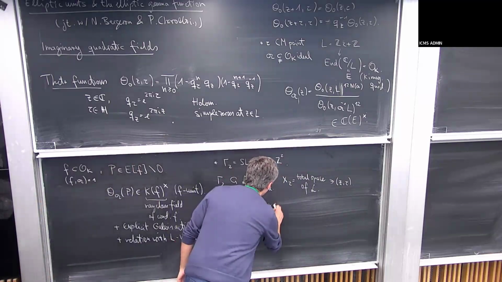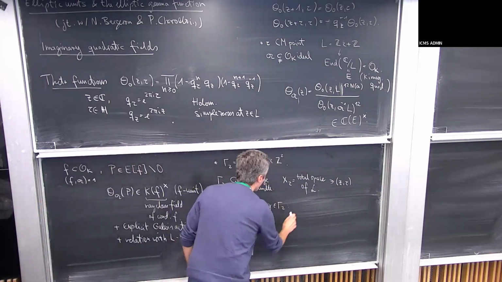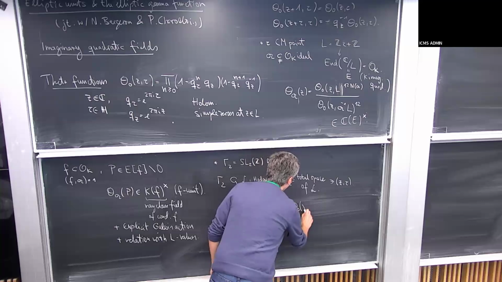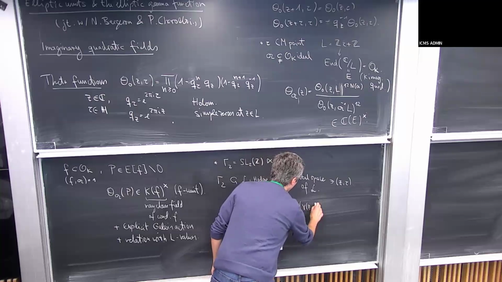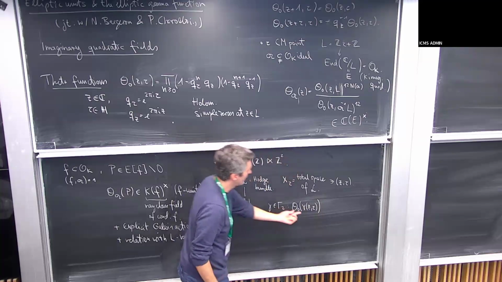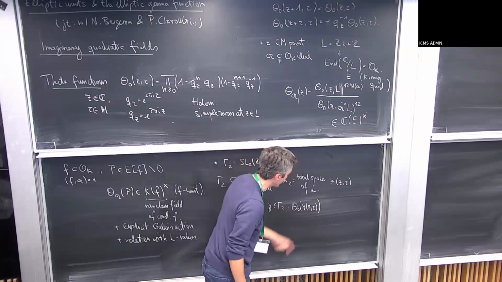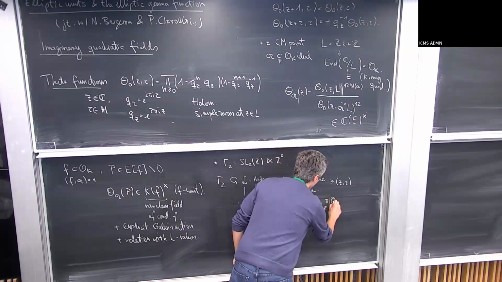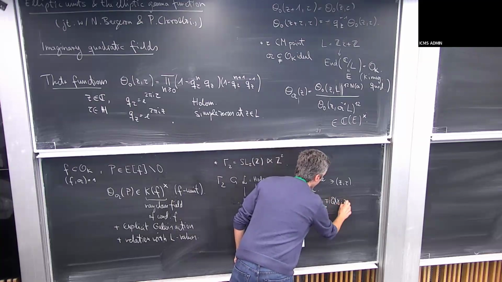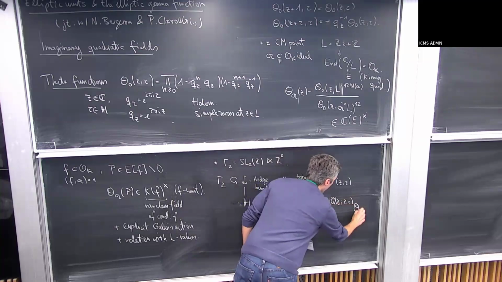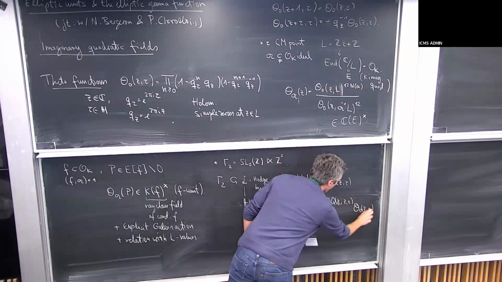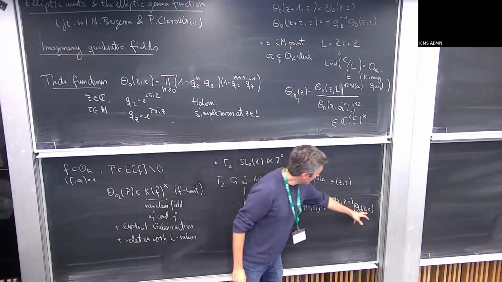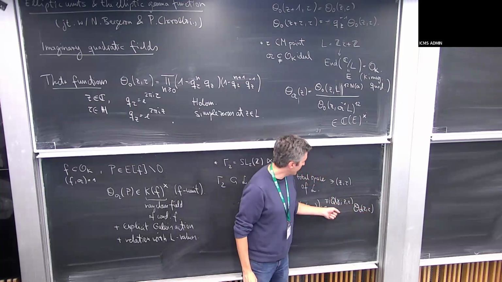If I take gamma in gamma 2, then I can look at what happens when I evaluate theta 0 at z and tau translated by gamma. And what happens is I get a formula like this. So I obtain again theta 0, but multiplied by a factor like this.